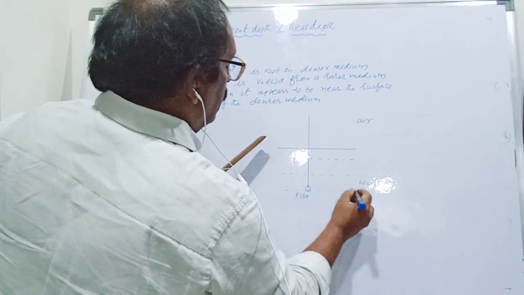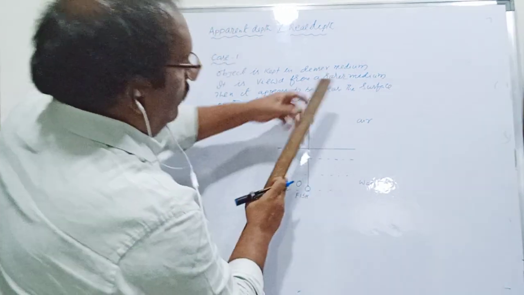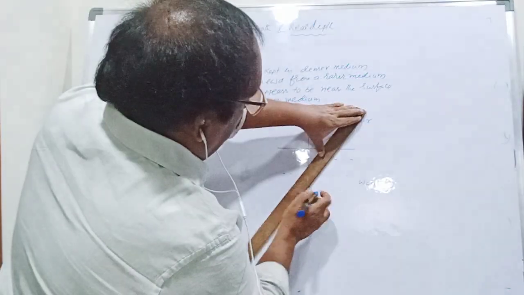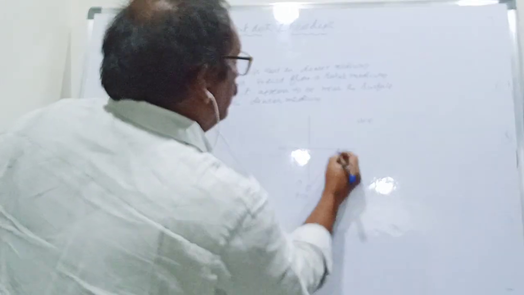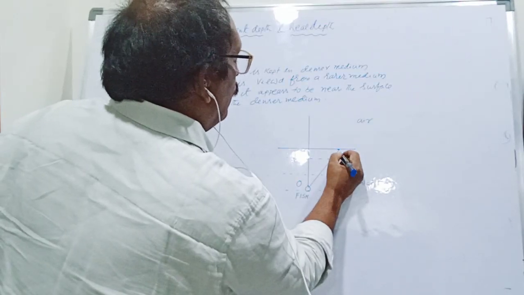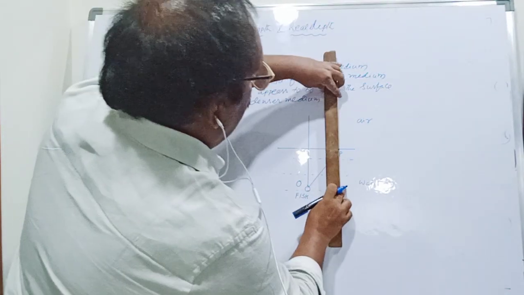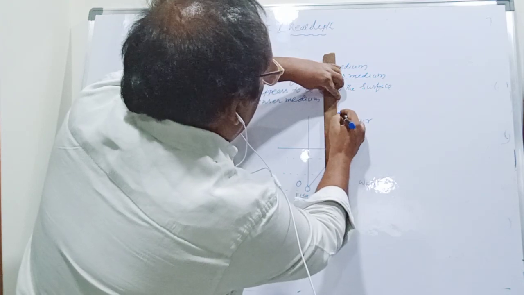A fish is in water. This is an object. One light ray is traveling like this. This is called the point of incidence. OP is the point of incidence. Just drop a normal here.